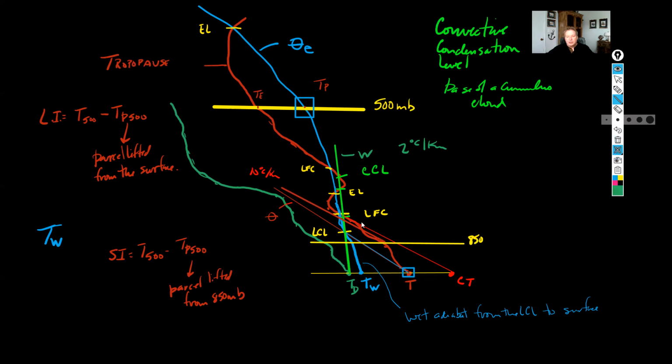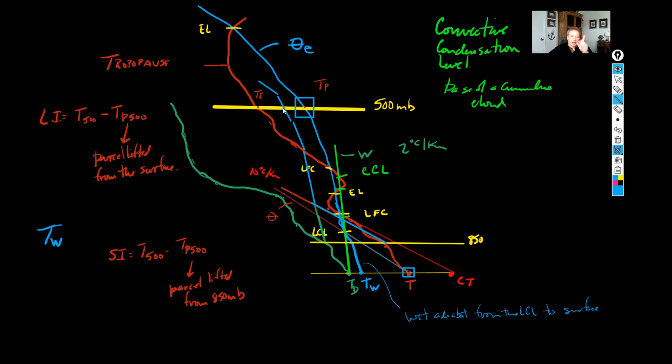Draw in a mixing ratio line from the dew point at 850, which is here. Then the parcel is lifted from the temperature, dry adiabatically, oops, to the new LCL, which I didn't do a good enough job here. Right, there it is. And then I go up wet adiabatically up here like this. It's going to be curved. So this difference is the Showalter index.